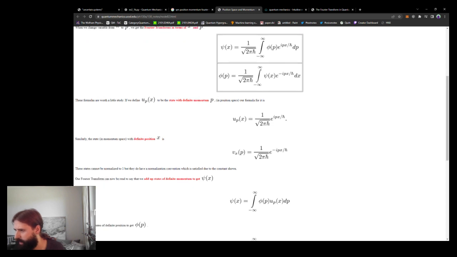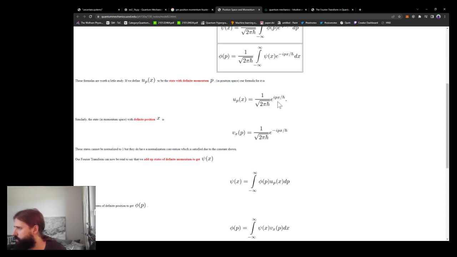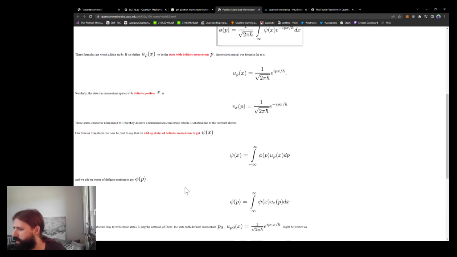The states cannot be normalized, but they do have a normalization convention which is satisfied due to the constant shown. So that's just the way you represent the state. What they're saying is that if you multiply the momentum representation times the position state and integrate, then you get the position. Okay.